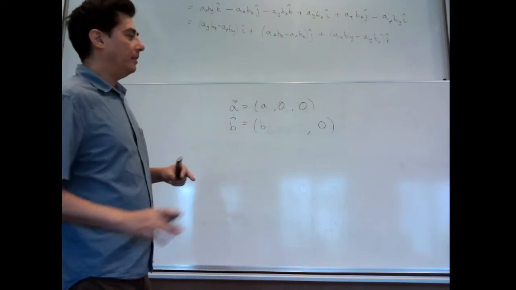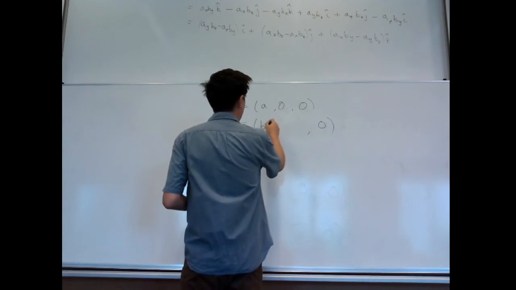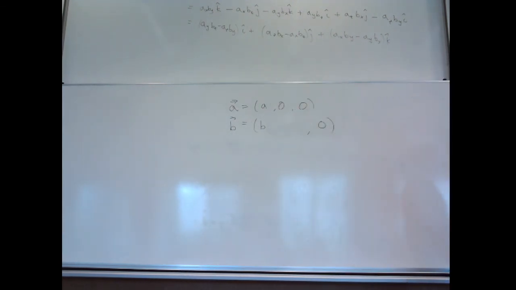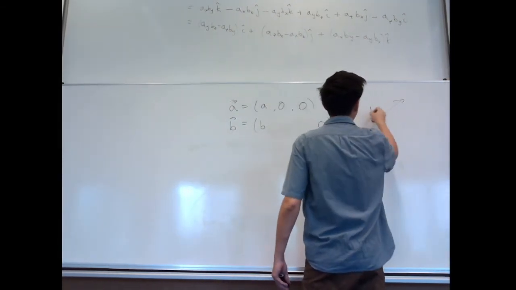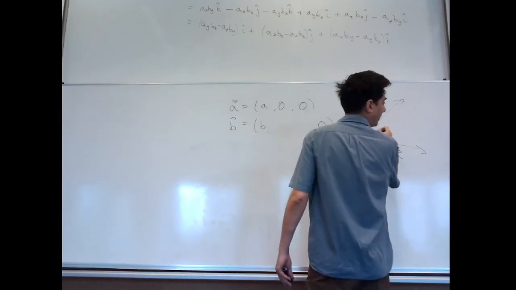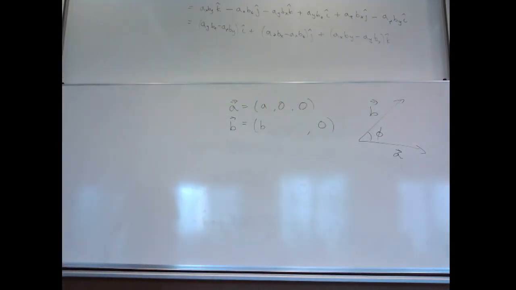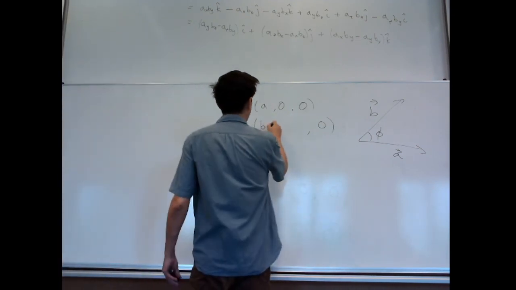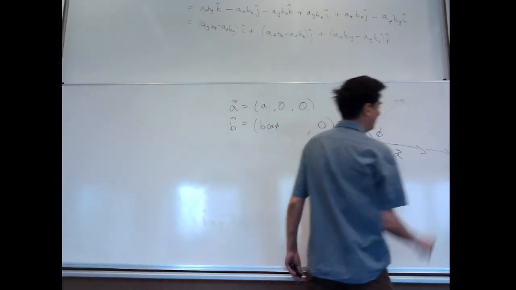But B is not necessarily going to be parallel to A, so we have to put in some angles here. And so if there's some angle phi between these two vectors, B and A, then because we define the x-axis this way, right?